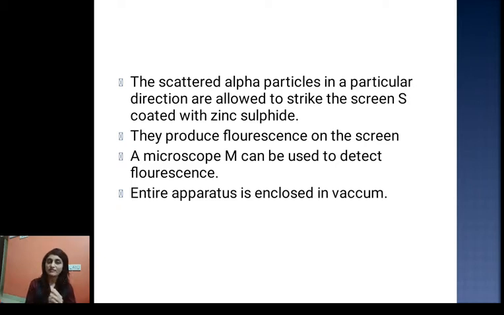When these scattered alpha particles strike the screen, they produce fluorescence. A microscope M can be used to detect fluorescence, and this entire apparatus is enclosed in vacuum. This is all about the experimental arrangement.